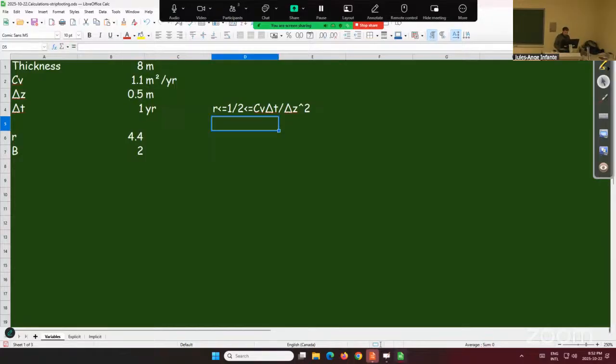So what value of delta T do we need? We need delta Z squared divided by 2 times cv, which must be smaller or equal to 0.11. That's basically a month and a half, so we'll say 1 month.